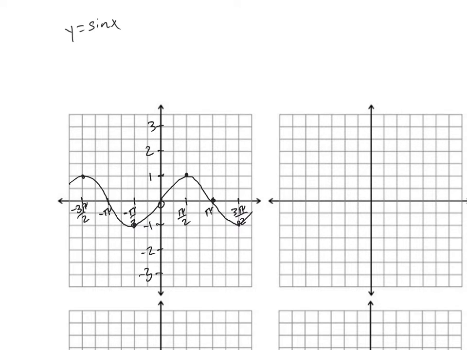So let's do an example. Let's say we have y equals sine of 2x. Our amplitude is going to be the same, 1. Our vertical shift, well, there isn't any, but our period now, since everything is being multiplied by 2, which was originally 2 pi, we take our 2 pi and divide that by 2.